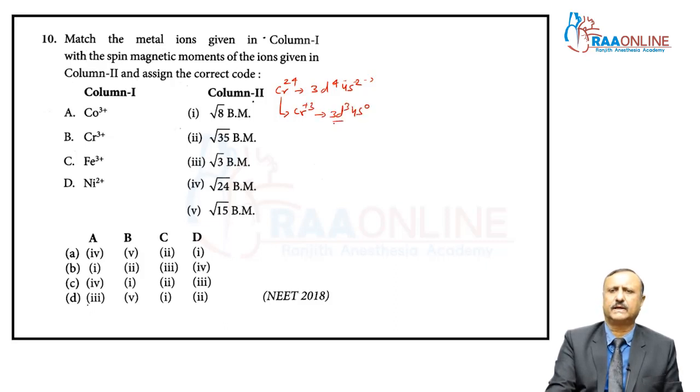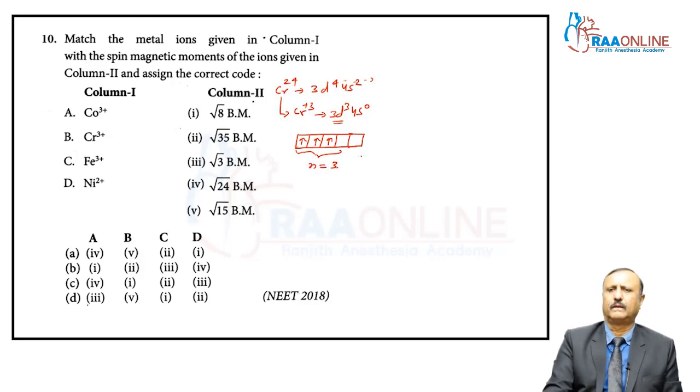So 3d3 means 3 unpaired electrons are present in the d orbitals, out of 5, and these are unpaired. So n is equal to 3.